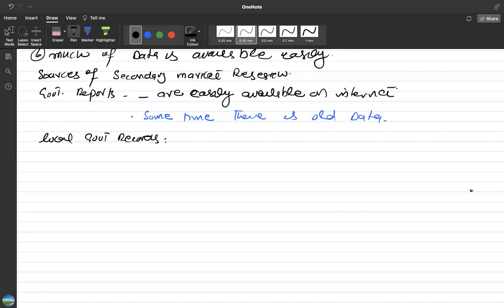The local government offices have that record, we can go there and collect data. That is also sometimes available free, but again, that may be out of date. That may be old.